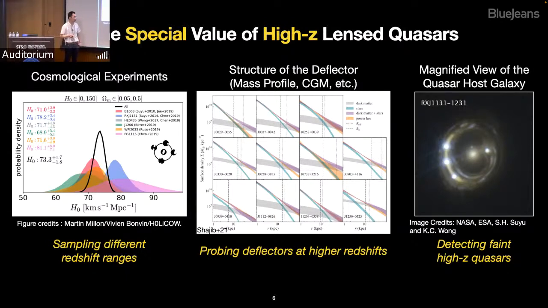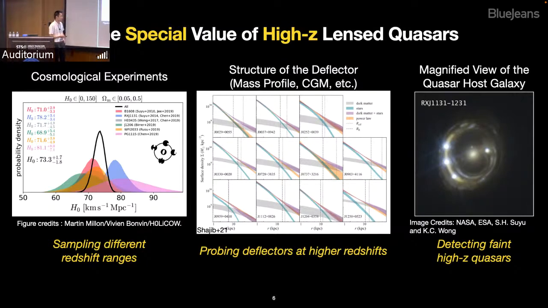To me, the most important point is that lensing magnification is naturally more useful for high-redshift objects, because objects at higher redshifts are fainter. That means there are studies that we cannot do with non-lensed objects that we can only do with lensed objects.